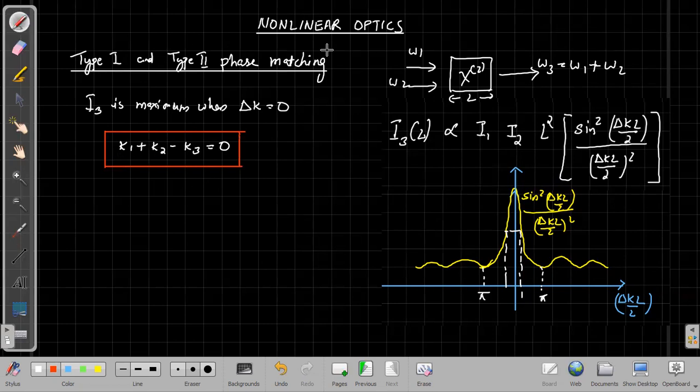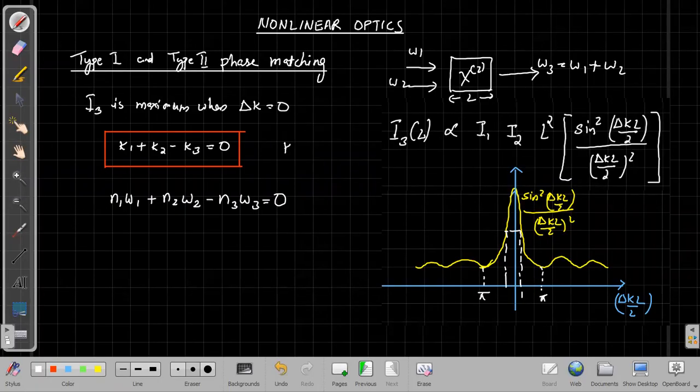Now it is possible to rewrite this phase matching condition in terms of the refractive indices. We can write it as N1 omega 1 plus N2 omega 2 minus N3 omega 3 equal to 0. How are we writing this?